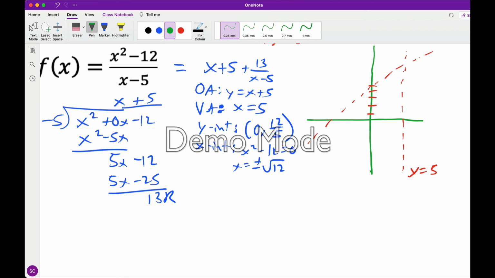We got the y-intercept is 2.4. The x-intercepts are positive, negative, that's about 3 point something. Anyway, it's going to be like here somewhere. So it's going to look like that. Okay, and there's going to be a similar part up there.